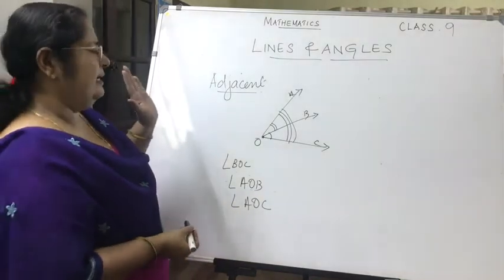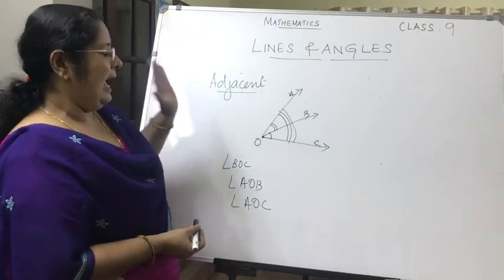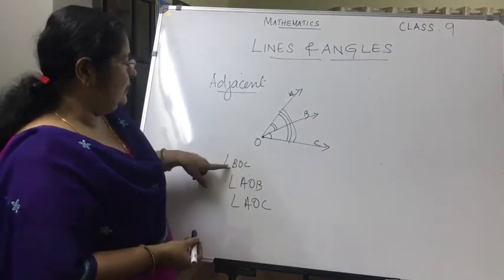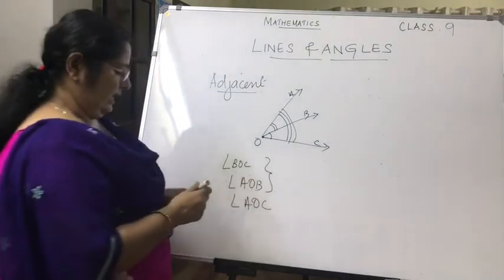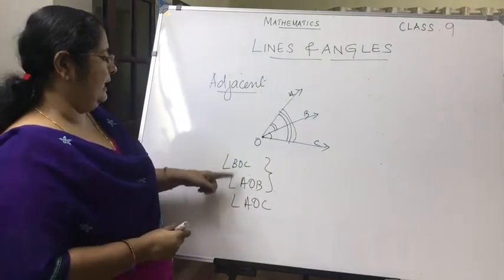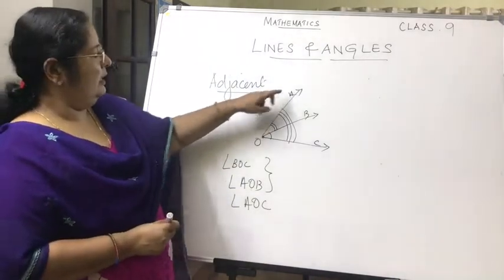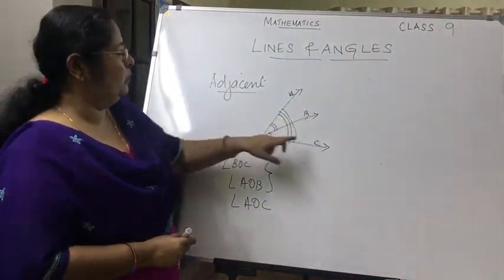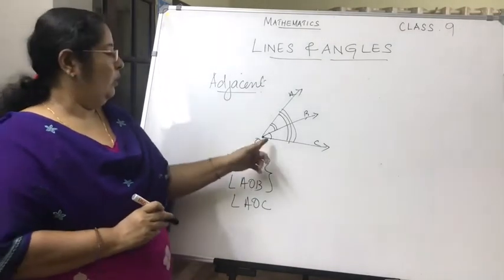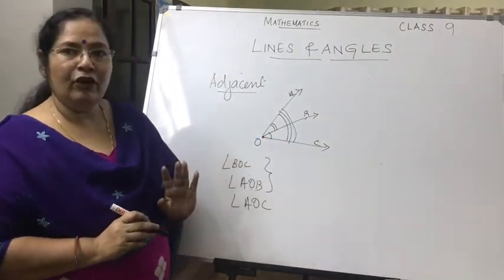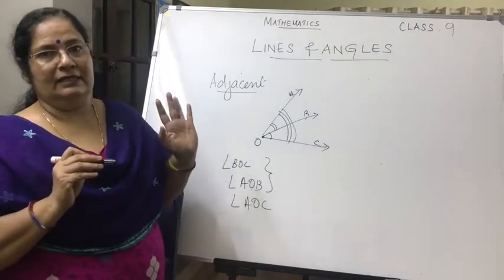So let us take the case of angle BOC and angle AOB, these two. Which is the common arm there? OB is common for both the angles.